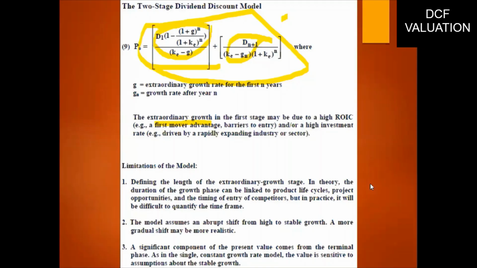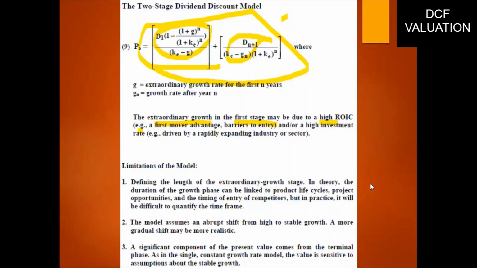Or there are barriers to entry. They have exclusive rights during the first years. That's why you have a high return on invested capital. And this may also be due to a high investment rate at this stage, let's say driven by a rapidly expanding industry or sector during the first phase.